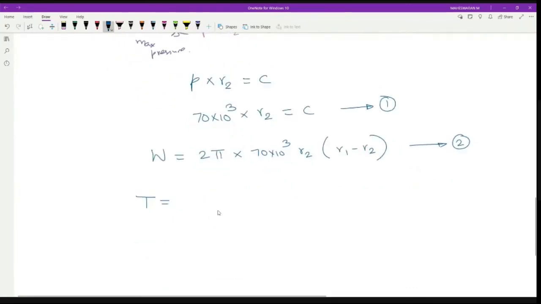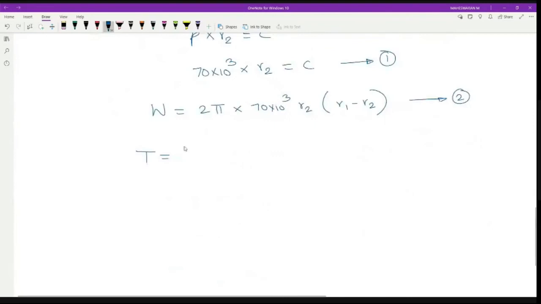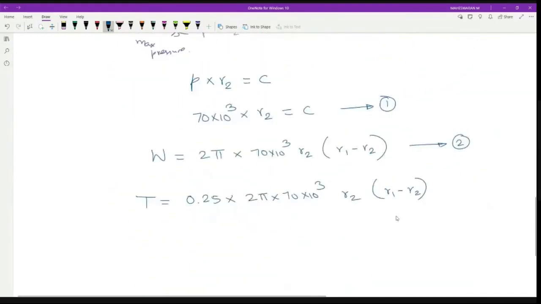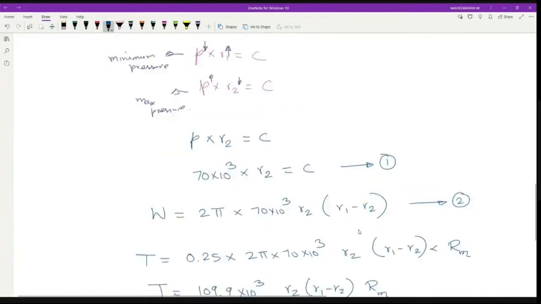So we get 0.25 into 2 pi into 70 into 10 power 3 R2 into R1 minus R2. So this is W into Rm. The torque is 109.9 into 10 cube R2 into R1 minus R2 into Rm, right? So this is the equation.